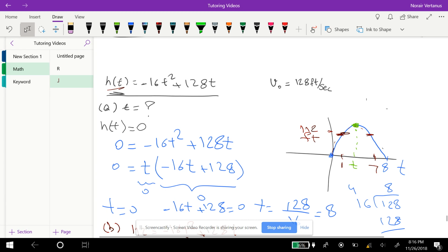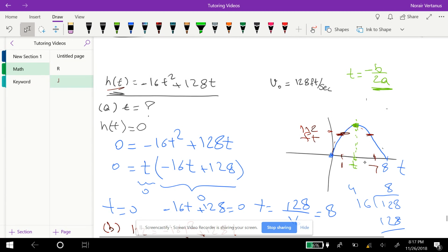If you find the axis of symmetry, which is negative b over 2a, that's t in this case. When you were doing this, they were saying x equal to negative b over 2a, but here the independent variable is t, so t equal to negative b over 2a. So negative b over 2a is going to give you this number, and then that's the time.